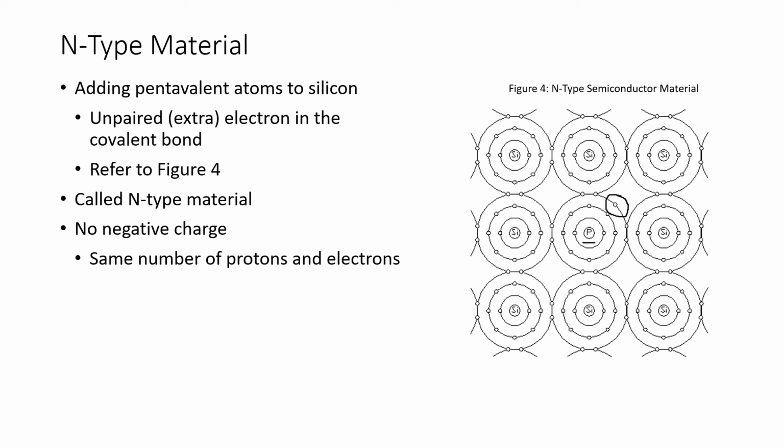Now, this unpaired electron right here is what we will refer to as a free electron. And again, it's not really an extra electron. It's just simply an unpaired electron, or an electron that's not in a covalent bond.